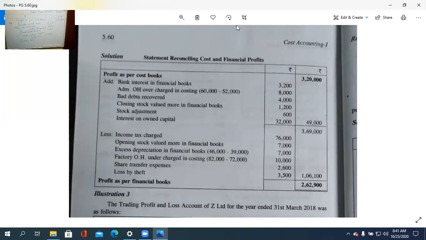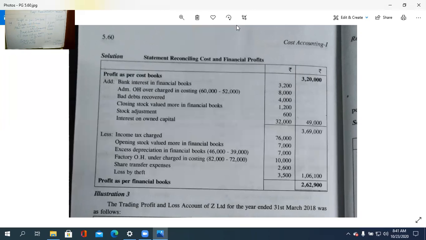Stock adjustment, we need to take the difference of this, 600, and interest on capital. How much is it? 32,000. So take the total of this, that is 49,000. So how much amount is it? 3,69,000. Then opposite of all this, we need to deduct it.